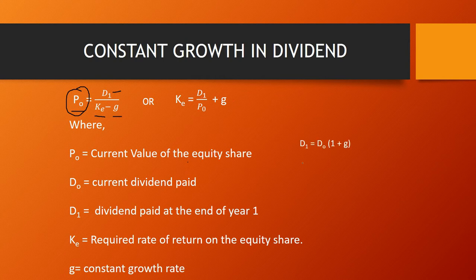So we can calculate D1 as D0 bracket 1 plus G. If you have to calculate D2, D2 will be equal to D1, the previous year's dividend, into bracket 1 plus G. In this way you can calculate the dividend for the next year.